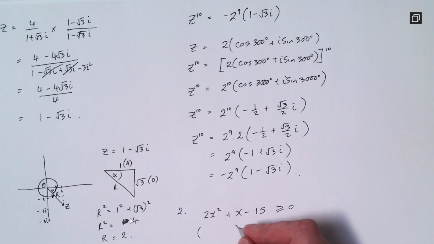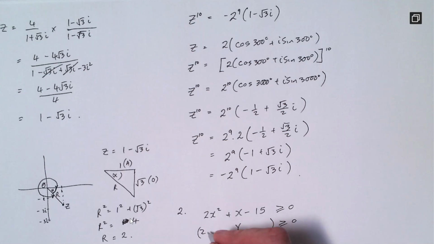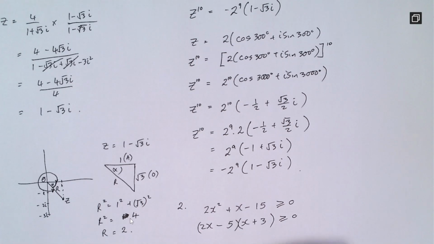So bracket, bracket, bracket, so you have to do x for x, you have to 3 for quick. Now, x plus 3 is 0, x is minus 3.